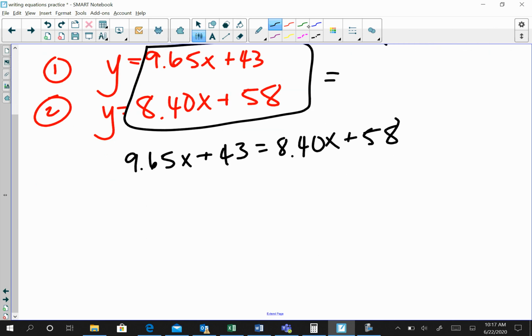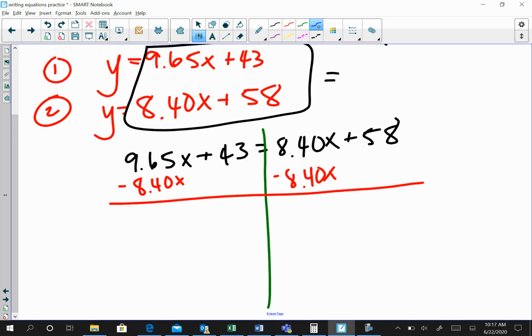Now, pretty much, solve for x. Take something and move it. I need my x's to be on the same sides and my numbers to be on the same sides. So I'm going to move the 8.40x. And you get 9.65 minus 8.40, 1.25x, plus 43 equals 58.